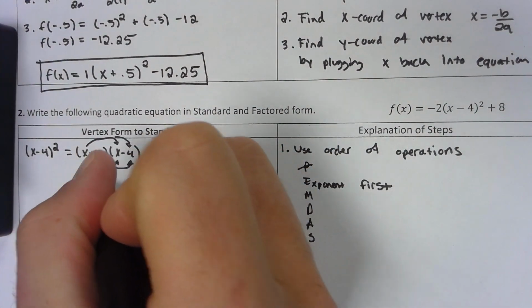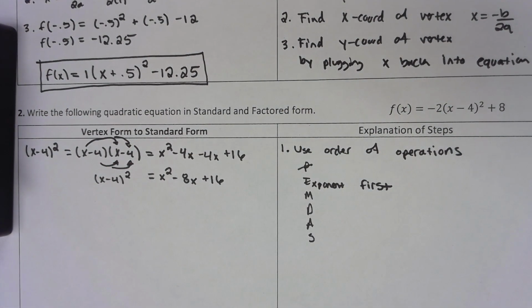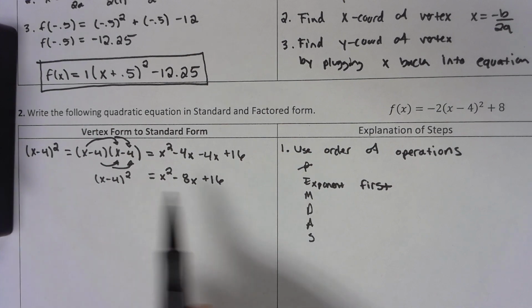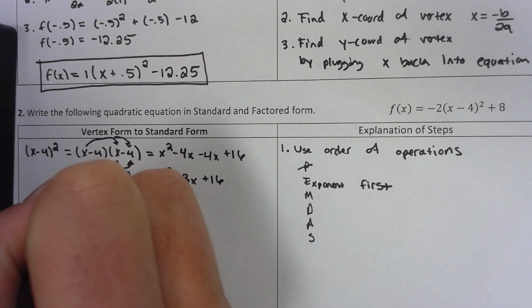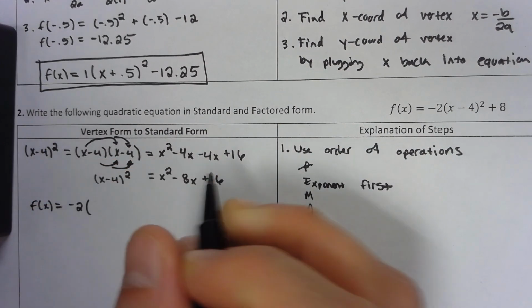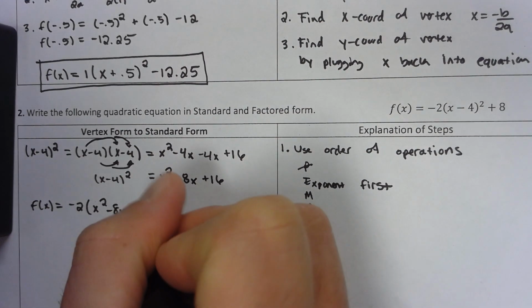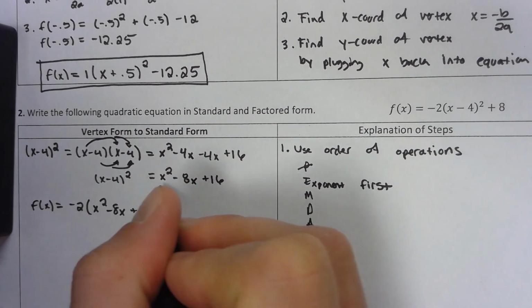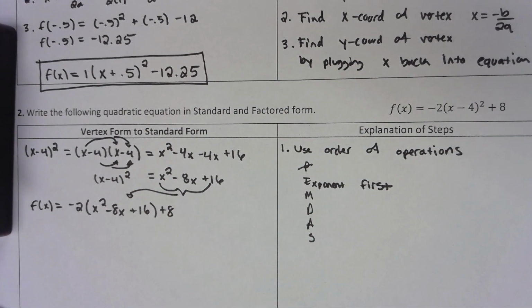So x minus 4 squared equals x squared minus 8x plus 16. So now I'm going to rewrite the equation with that x minus 4 squared expanded out. So f of x equals negative 2 times x squared minus 8x plus 16, plus 8. So all of this replaces the x minus 4 squared in our equation.